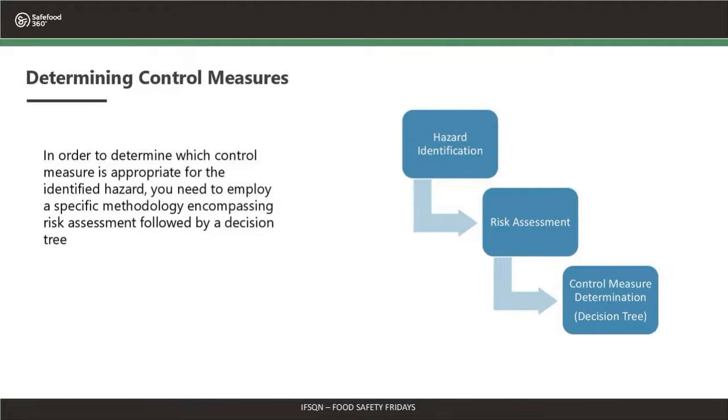And significant hazards are then applied to a decision tree to determine if they should be controlled as an OPRP or a CCP. One of the benefits of using a decision tree and following this is that you don't have to use so many resources on hazards that are non-significant. So you save your resources for significant hazards.